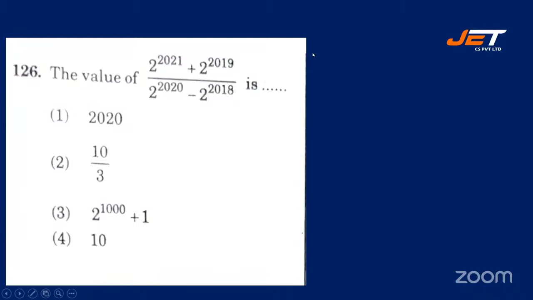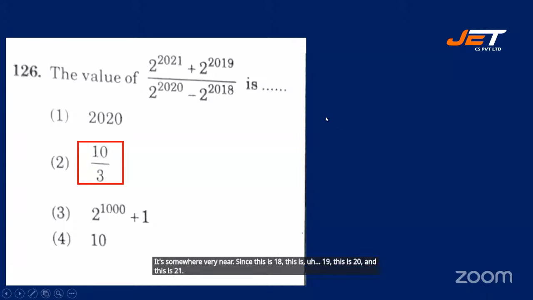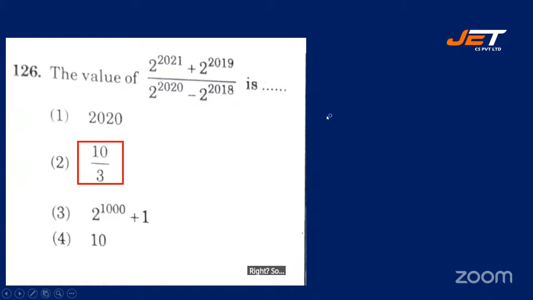So you can think over it and then give me the answer, students. It's somewhere very near. See, this is 18, this is 19, this is 20, and this is 21. Oh, yes. So option 2 could be the best answer.